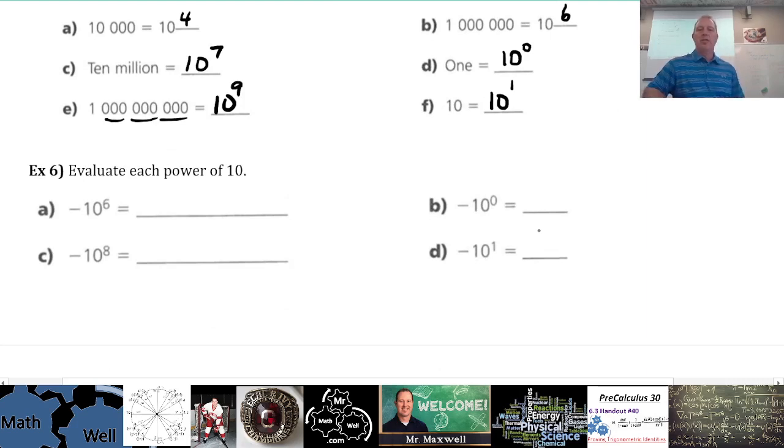Okay, evaluate each power of 10. Notice that these negative signs are all outside. There's no brackets. So 10 to the power of 6, what did we say that was? It's up here. 1 million with a negative sign in front of it. So it's negative 1 million. Now you don't have to put your little commas, but you can if you want.